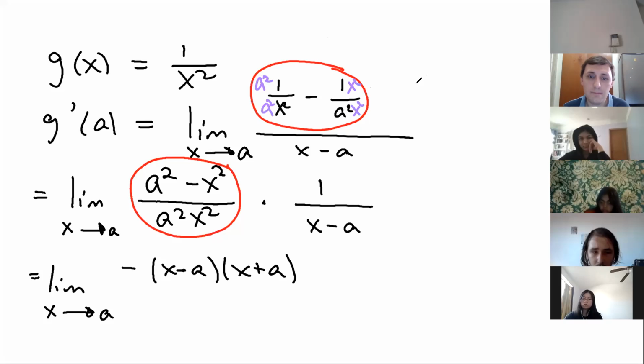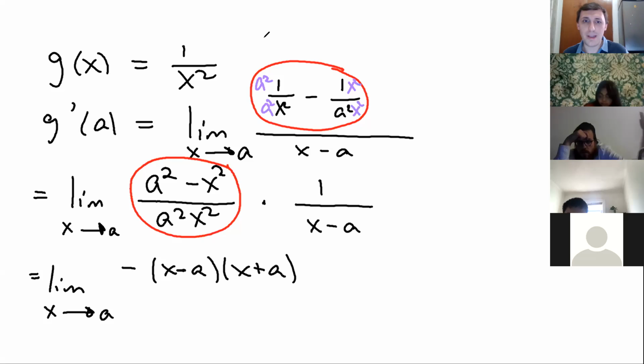You understand, guys? Or do I need to tell it in German? So we have this. You understand how I factored? A squared minus x squared is the same as minus parentheses x squared minus a squared.